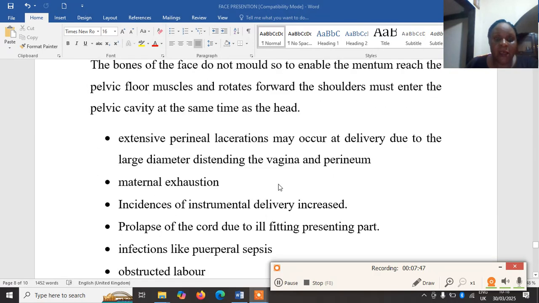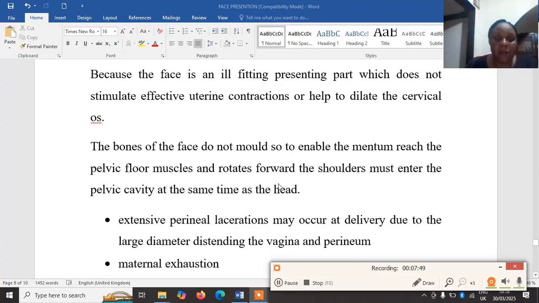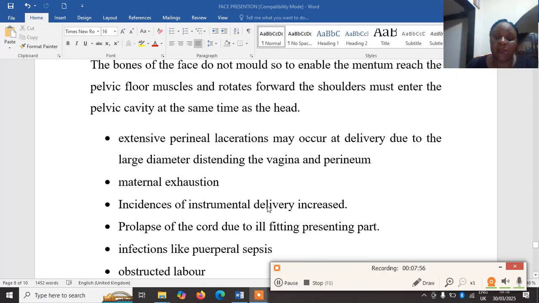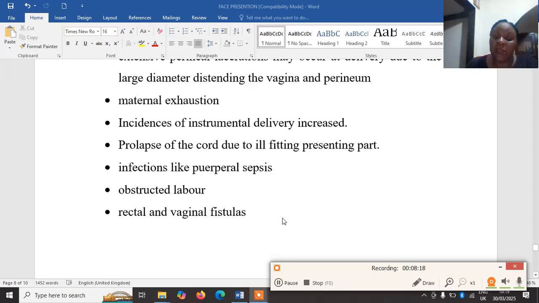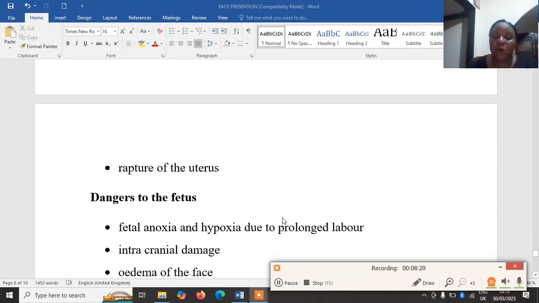Complications, I don't need to explain the complications, but to mention a few, we may have extensive perineal lacerations, maternal exhaustion due to prolonged labor, instances of instrumental delivery, prolapse, puerperal sepsis due to increased vaginal examinations, obstructed labor, like we have said in persistent mentoposterior, rectal and vaginal fistulae can also occur.